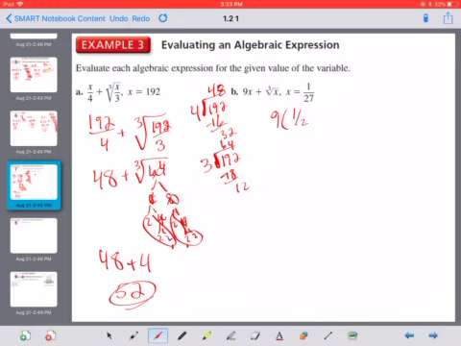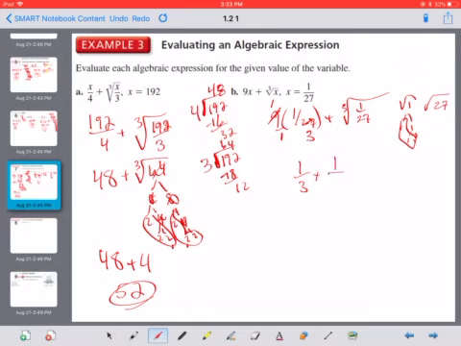Plugging in over here, 9 times 1 over 27 plus the cube root of 1 over 27. Well, put that on top. 9 goes into both. 9 goes into 9 once, goes into 27 3 times, so that's 1/3 plus. But we can do this in 2 pieces: the cube root of 1 and the cube root of 27.